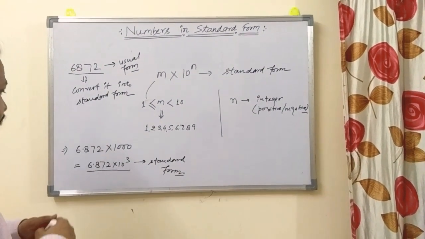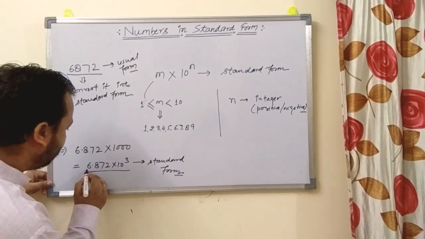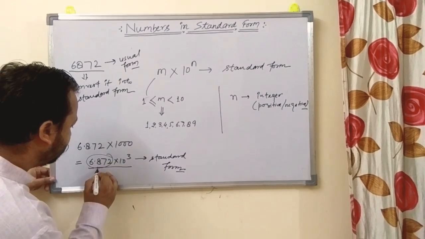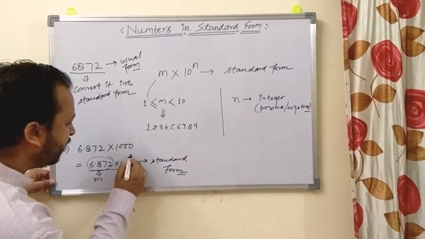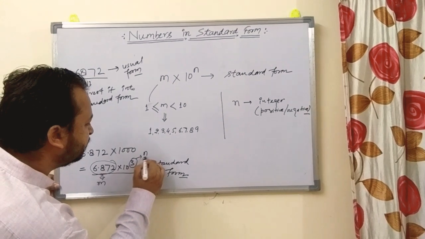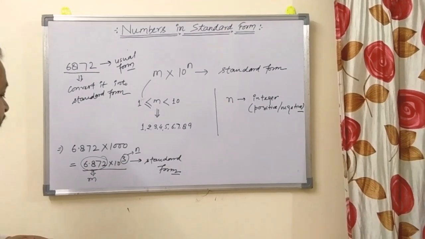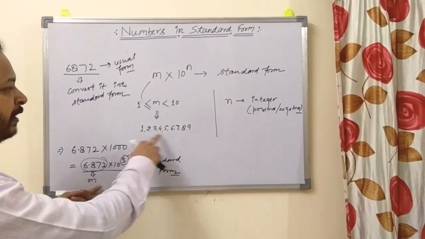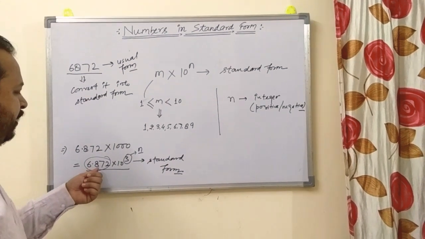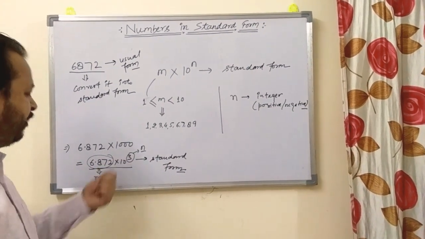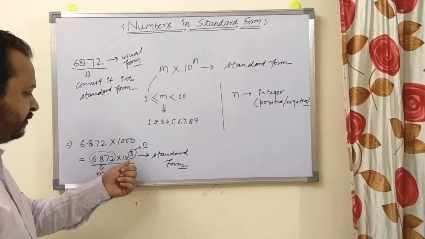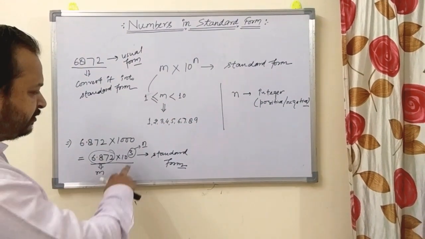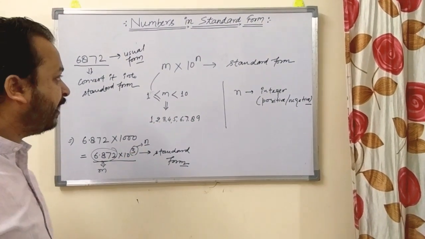right? Means here it shows as m and it shows as n, right? So m is in between 1 to 9, so it is 6.872, which is in between 1 to 9, and n is any integer, n is 3, right?